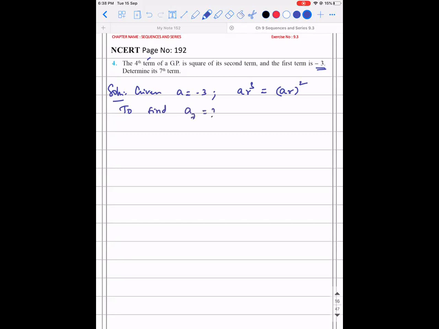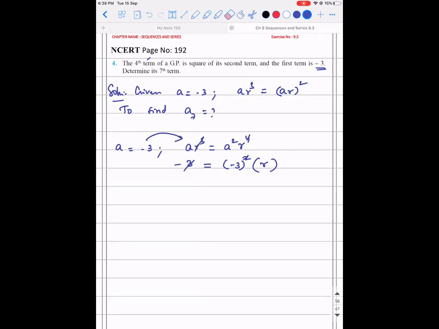So how to do this? a is given as minus 3 and a r cube is equal to a square r power 4, right? So substituting the value of a here, we get minus 3. This r and r will get cancelled. Minus 3 is equal to minus 3 square into r. So this will get cancelled.